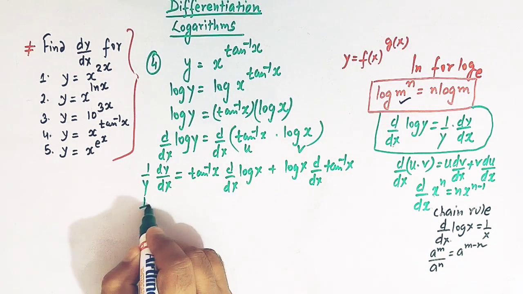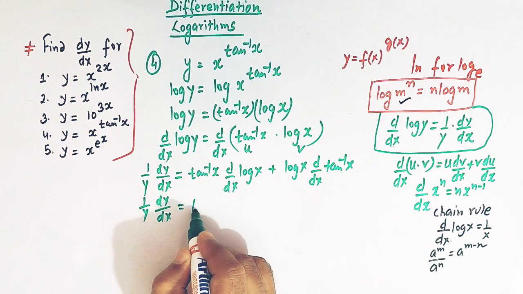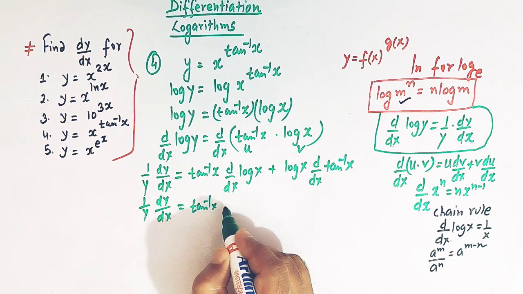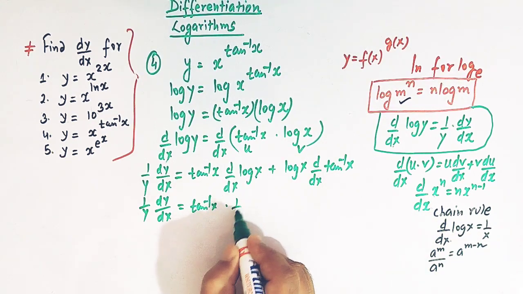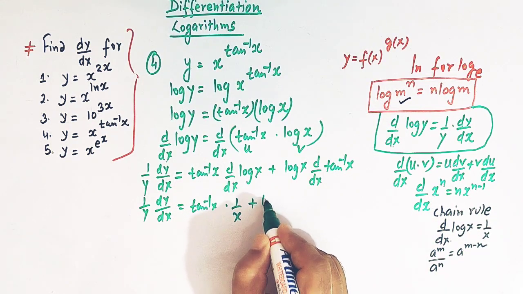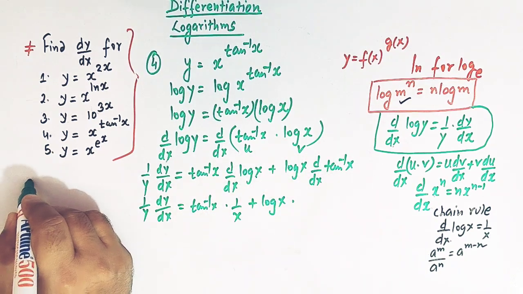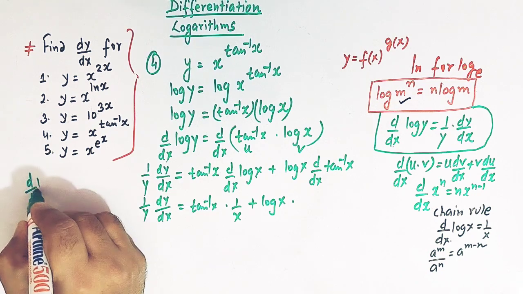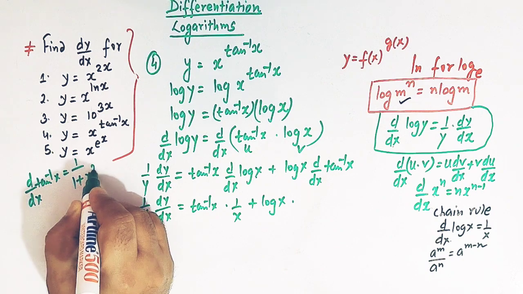So we have 1 over y dy over dx equals tan inverse x times the derivative of log x, which is 1 over x, plus log x times the derivative of tan inverse x, which is given by 1 over 1 plus x square.